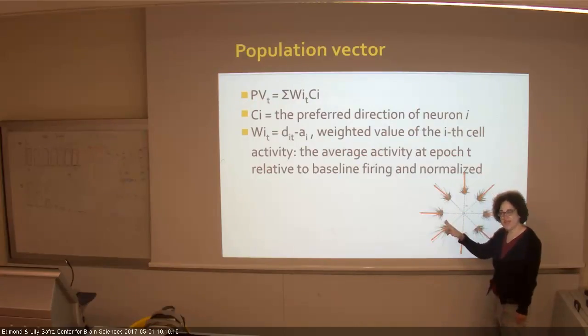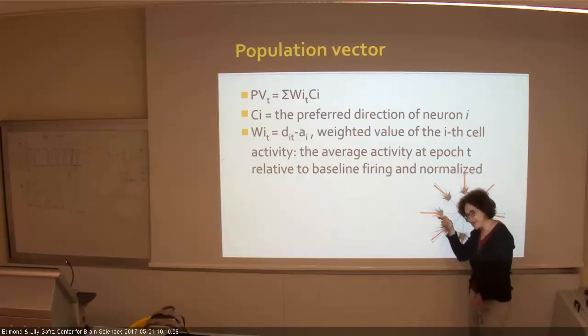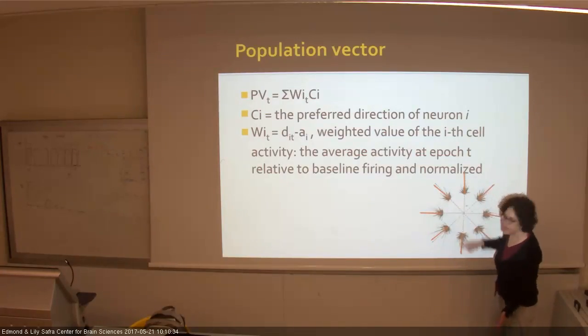So you see lines in different directions, and you might ask how come you don't see lines pointing in this direction? The weight is not 0, it is negative. So it points in that direction because it's negative.